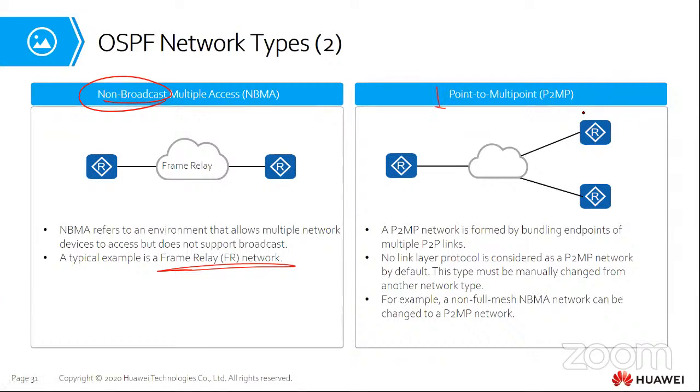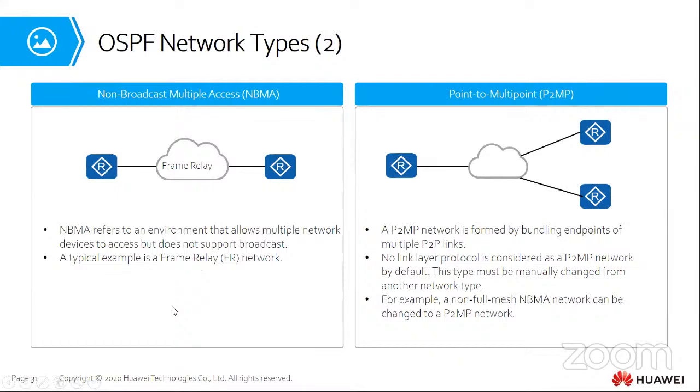Then we have the point to multi-point network. In this case, you can see a single point is connected to point 1 and point 2, one point connected to multiple points. This is called a point to multi-point OSPF network. Now, there's one thing I need you to understand.